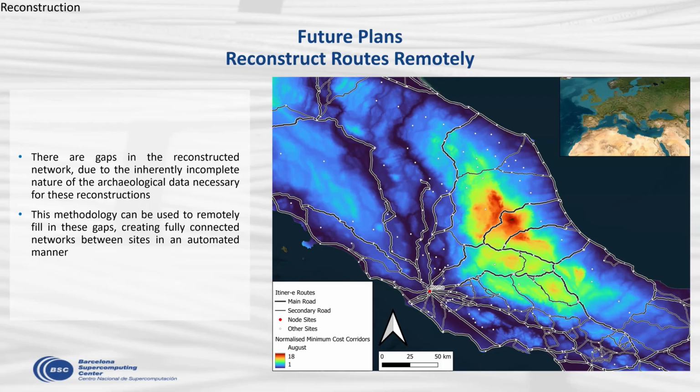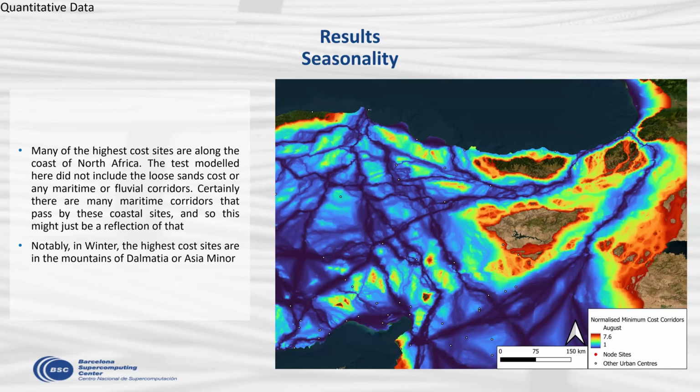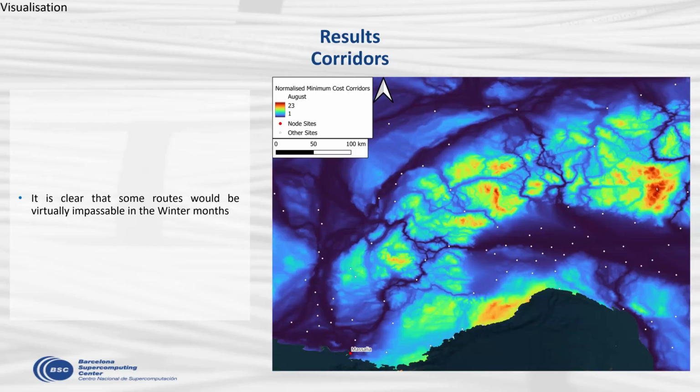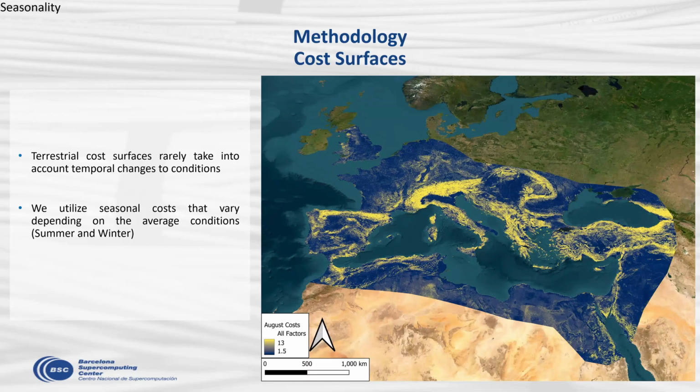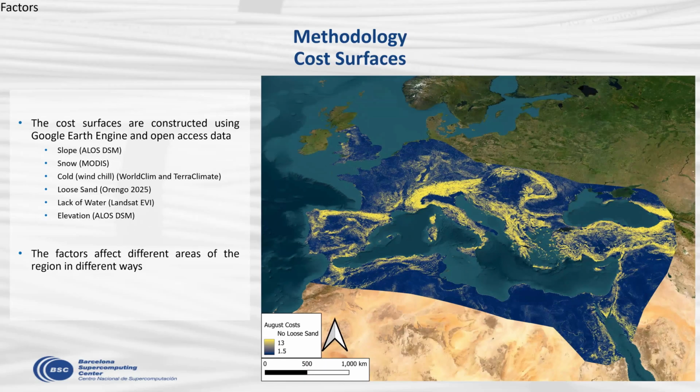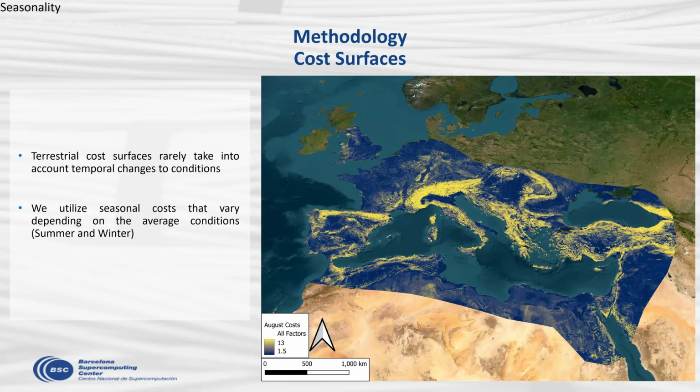For loose sand, there are like 20 studies of how people would move through loose sand, but we didn't take the most extreme. It has at the moment, I think, 15 different factors, all of them carefully balanced. And I think it improves enormously over any other previous analysis of this type. So it's there.